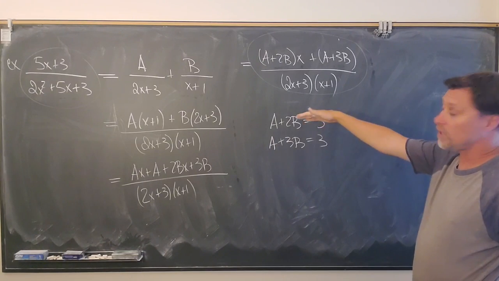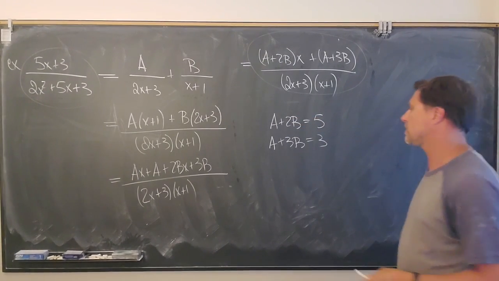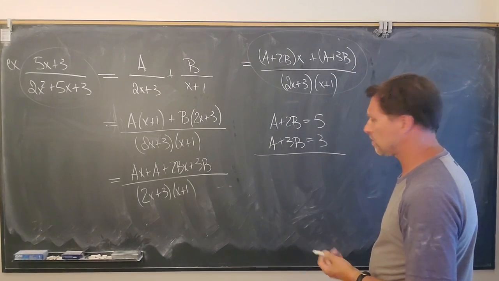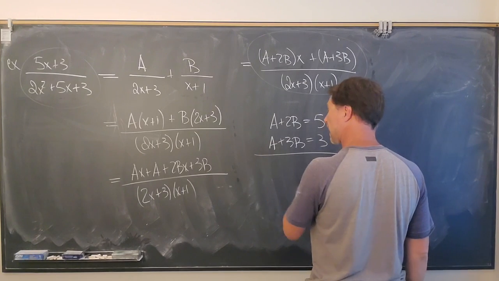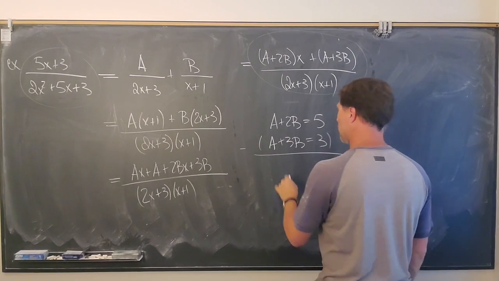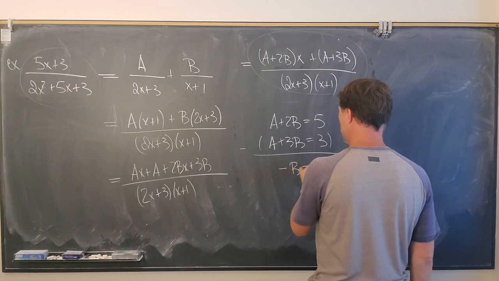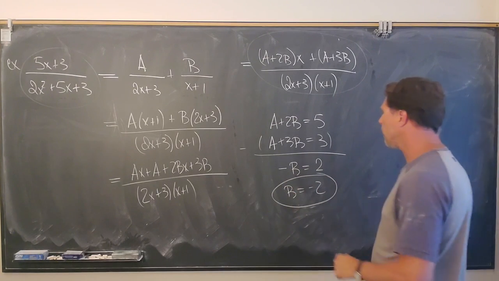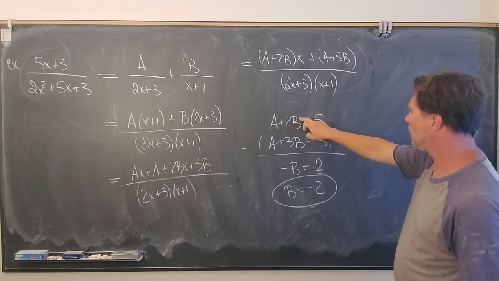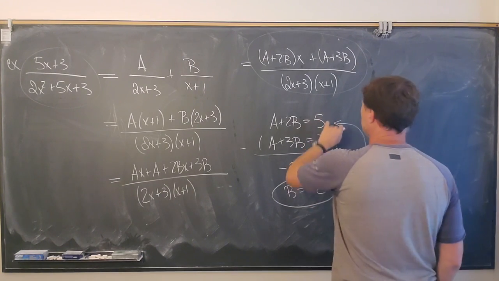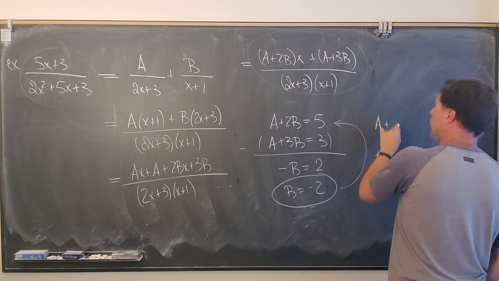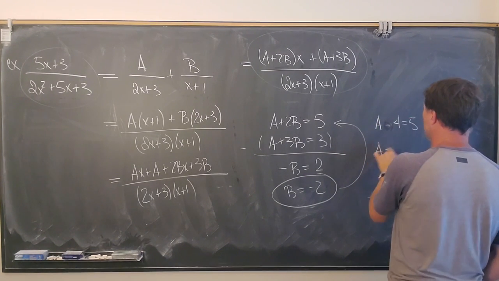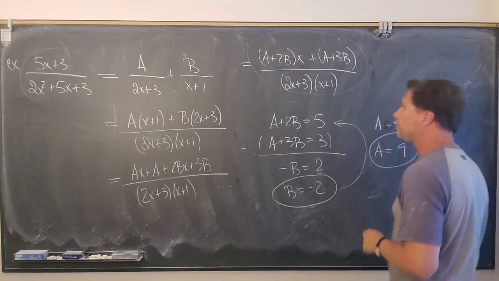So now what we have is 2 equations and 2 unknowns, and you've learned various ways to solve such systems of equations. One way is to subtract. If I subtract the bottom equation from the top equation, what I get is negative b equals 2, which means b equals minus 2. If b equals minus 2, then if I substitute that into the top equation, I get a minus 4 equals 5, so a has to equal 9.